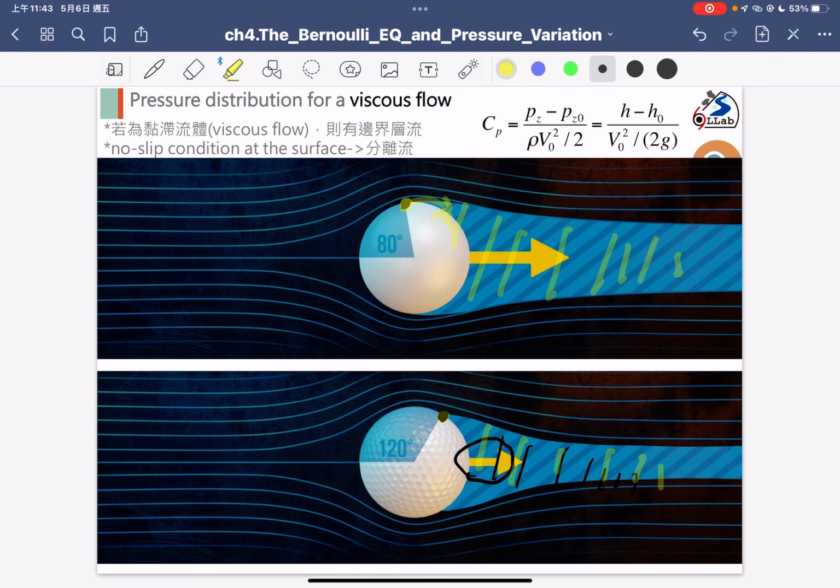Okay, so how can we reduce the wake flow? We can increase the viscosity. We make the holes and the viscous effect will increase, but the pressure drag will decrease.